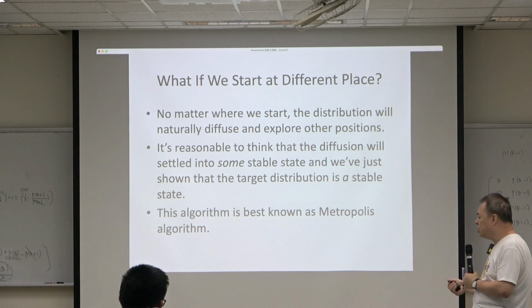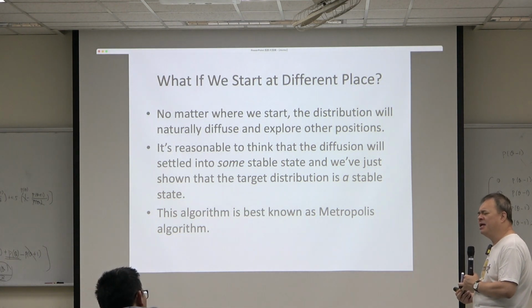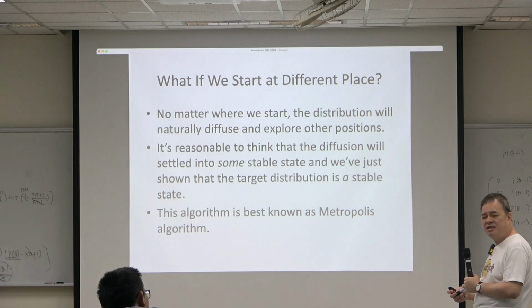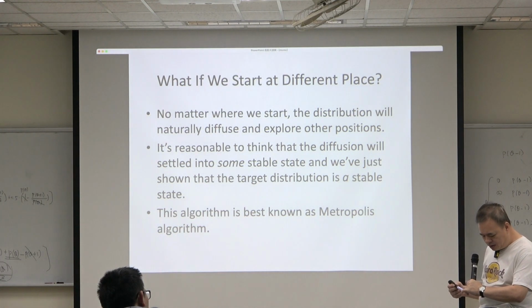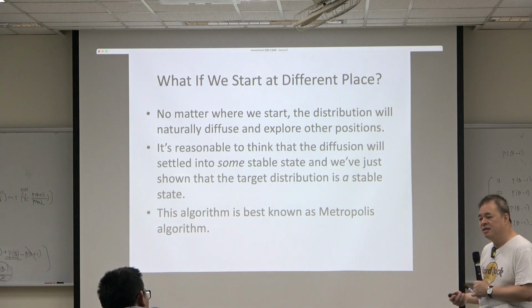But if you remember, I keep telling you guys that this is a kind of an argument instead of a proof. I didn't say this is exactly a proof, right? Why am I saying that?